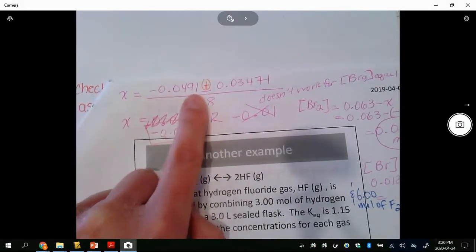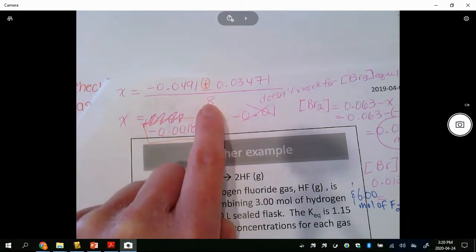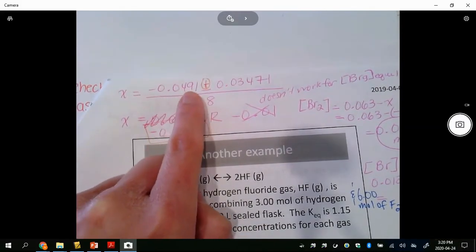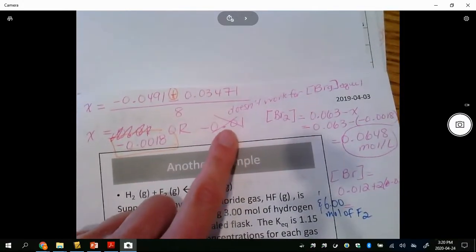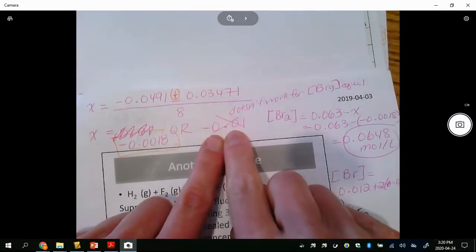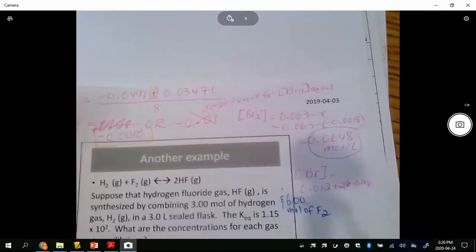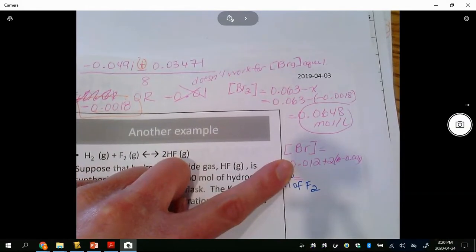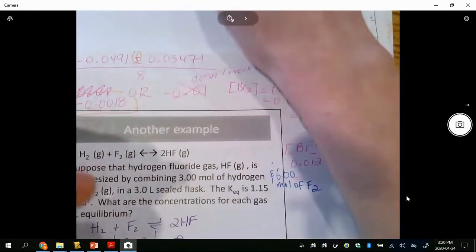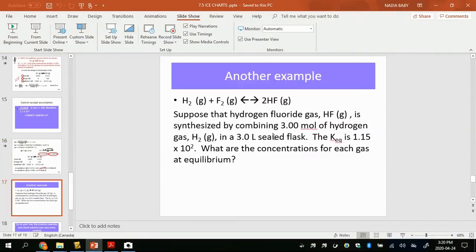You go through it plus, so negative 0.0491 plus this divided by 8, and another time negative 0.0491 minus this to get your two answers. As I said here, negative 0.01 does not work, but the other one does, to get you two positive values for concentration. All right, so we're going to do another example here.